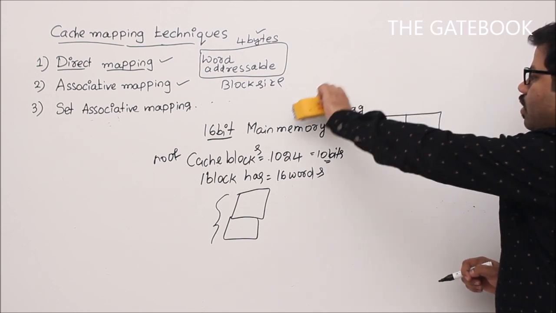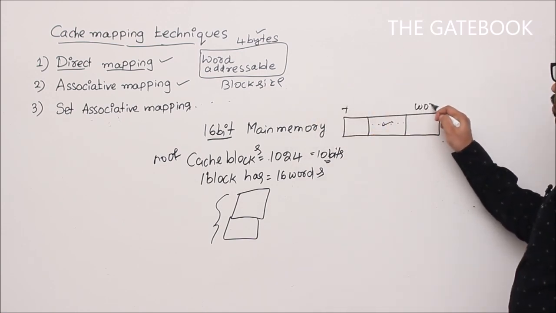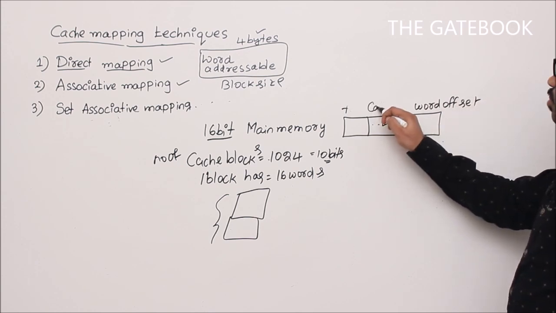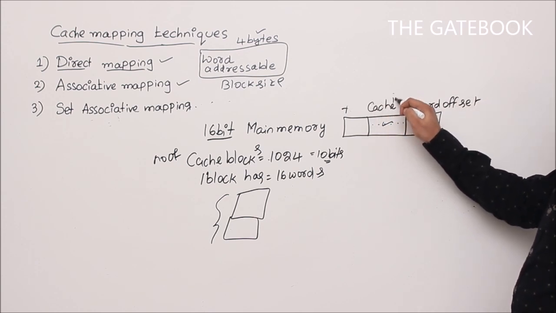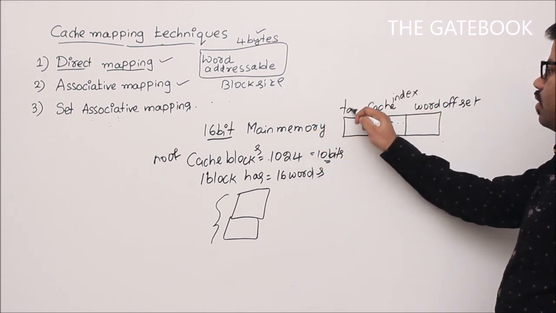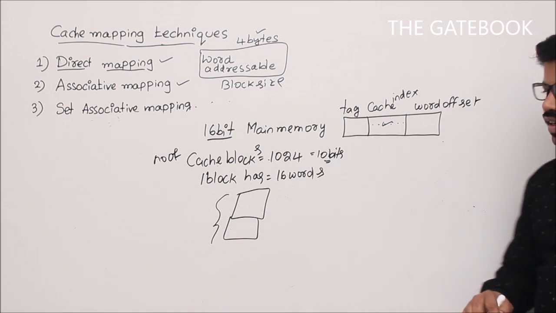So finally, word offset, cache index bits, and third, the tag. How to decide this, I will tell you.